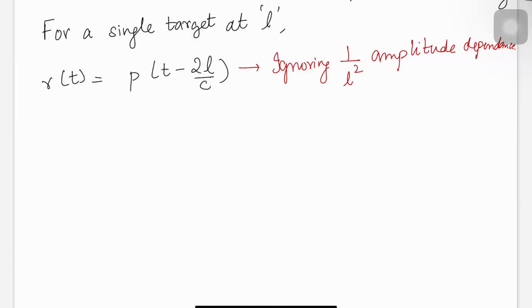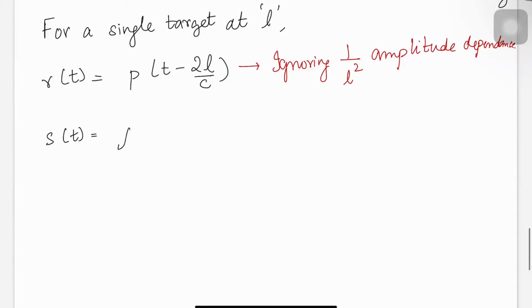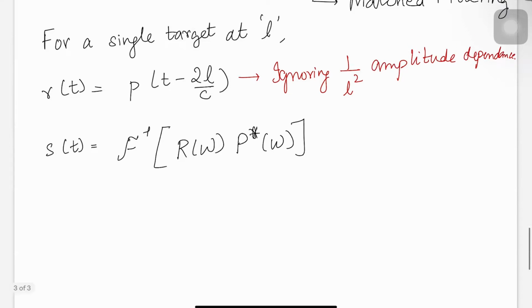Okay, so if this is the received signal after some time delay, what does the reconstructed, or match filtered, signal look like? That is just the inverse Fourier transform of R of omega times P star of omega, which is what we derived up here.